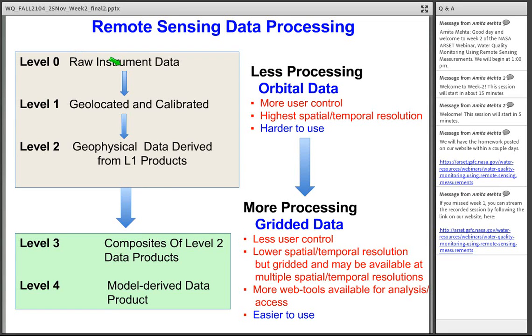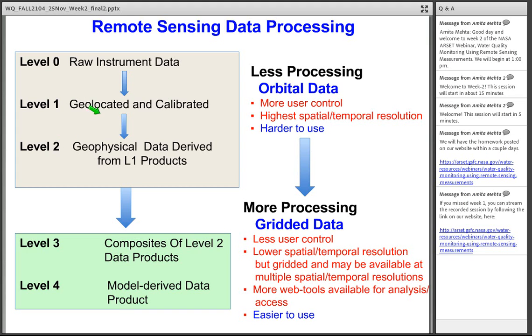It is in terms of digital counts, perhaps, or radiance, and then it is converted to level 1 data, which is calibrated and geolocated reflectances or radiances. So they are assigned latitude and longitude for each pixel.